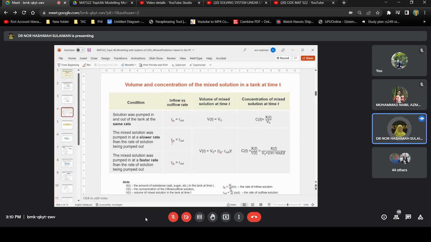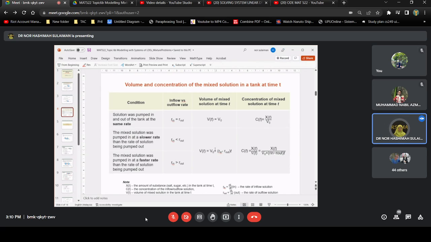Tapi kalau rate in is slower than rate out ataupun rate in is greater than rate out, so the current volume would be the initial volume plus the difference in terms of the rate multiplied by t. The coefficient of t ni dia akan jadi positif kalau dia yang masuk tu laju, yang keluar adalah lambat, macam tu.